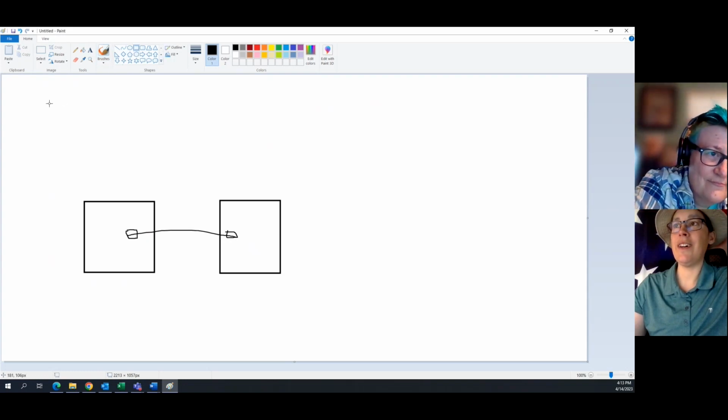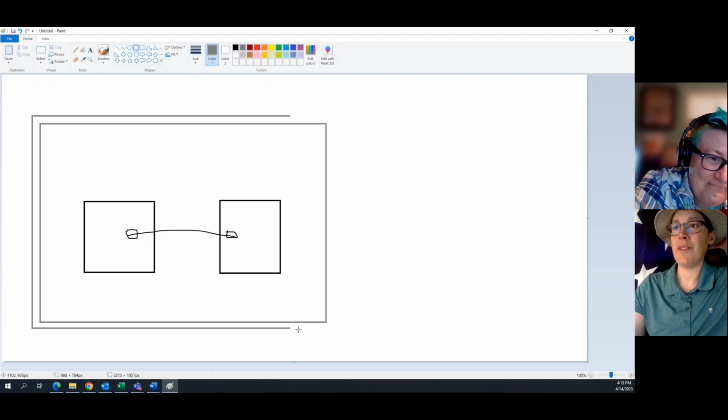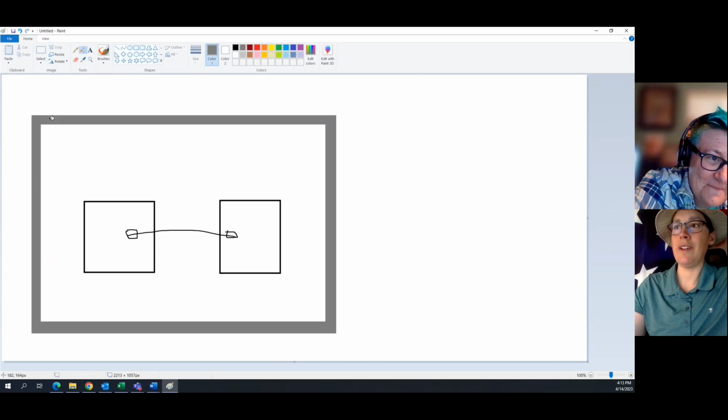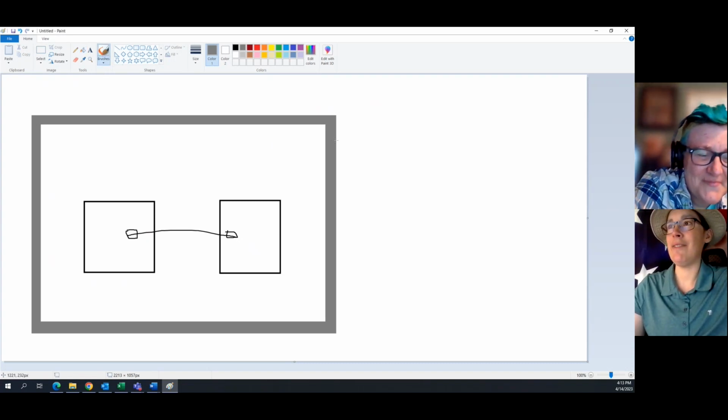And they're inside of Fort Knox. Okay. Super secure. There's no doors. There's no windows. We have an armed guard patrolling.